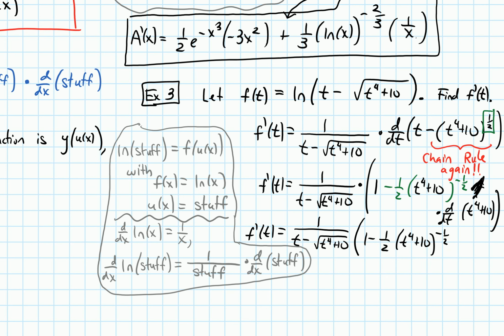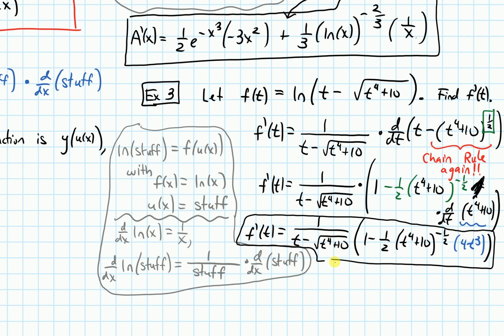And now we have to multiply by the derivative of t to the 4th plus 10, which is 4t cubed. And at that point, we've finished this. This problem involved the chain rule within the chain rule. And that is our derivative.